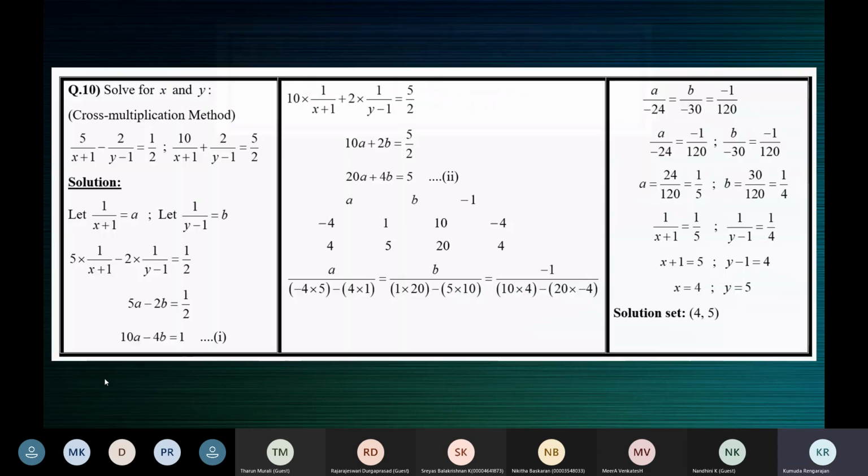Go through the answer now. Please complete this now in the class, children.